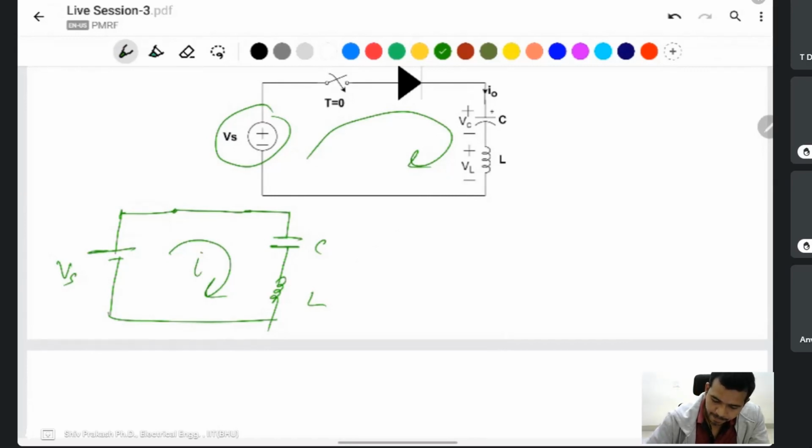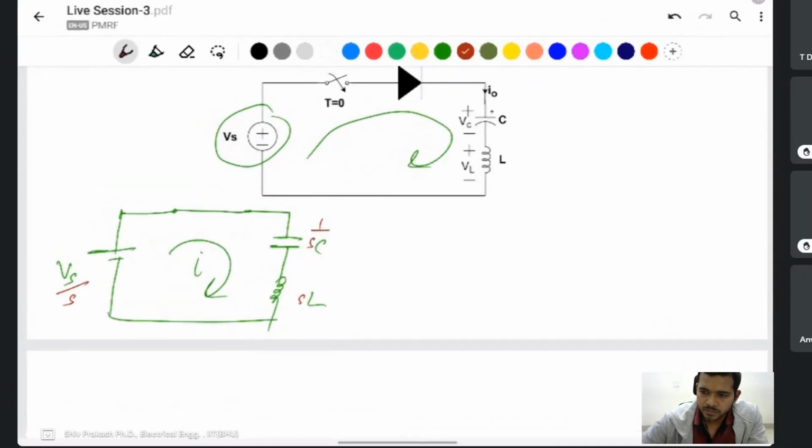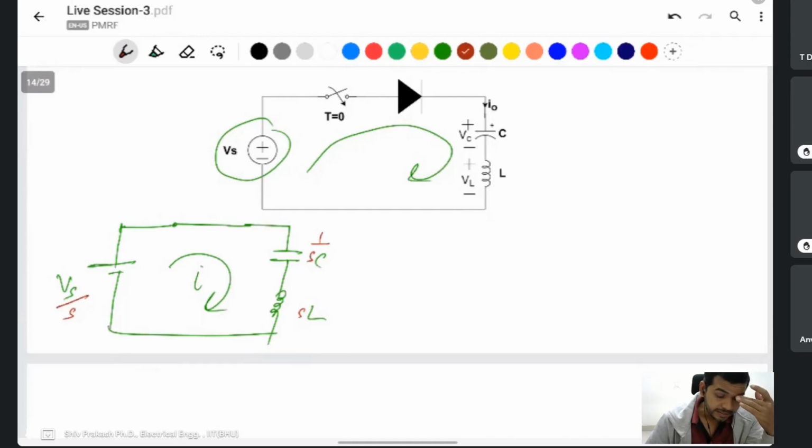If you transform to Laplace, then you find Vs by s, 1 by sC. I think this one is a question from assignment number 4, with some of the same questions and some different questions.